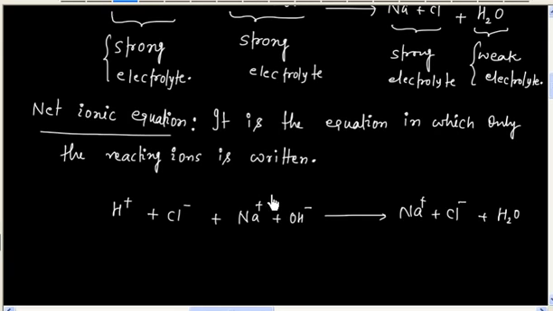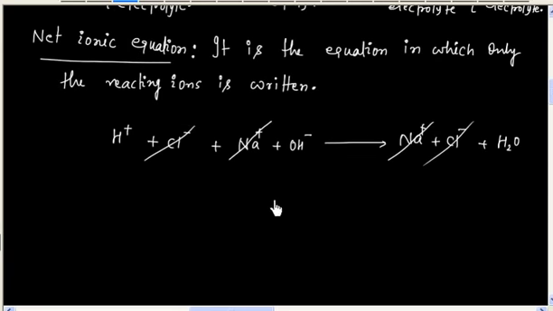Now you see, we have Na plus left side and we also have right side. Similarly, Cl minus, we have both sides. So we can cancel and we will have simply H plus plus OH minus H2O. This is the net ionic equation or overall ionic equation.